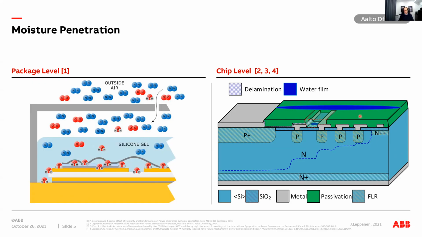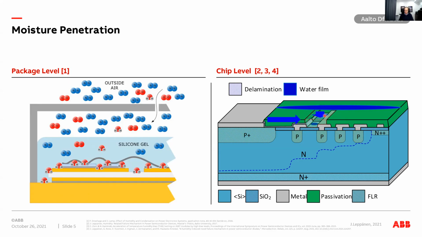Okay, so now when we have this humidity here, eventually it will pass through this passivation film. Of course, if it would be some ceramic material, it will not pass as easily, obviously.